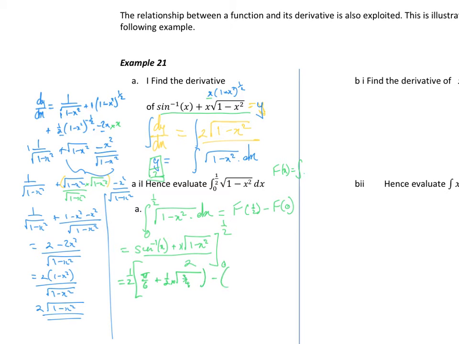Subtract sine inverse of 0, which is 0. In fact, everything's 0. So let's evaluate that. I get a half of pi on 6 plus root 3. Root 4 is 2, so it's root 3 on 2 times a half, which is root 3 on 4. So I'm going to have pi on 12 plus root 3 on 8.